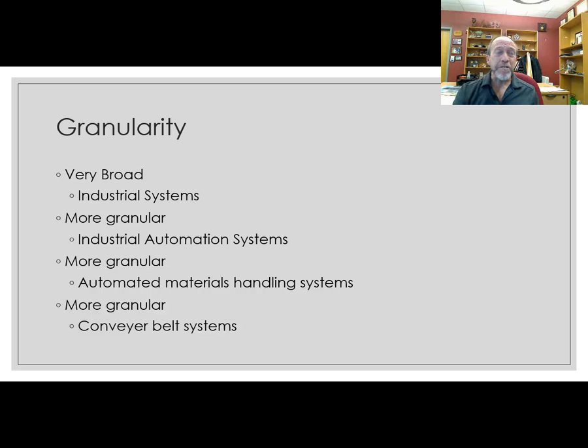There are a lot of industrial systems out there, and the ability to maintain them all might be a bit ambitious. So you can get more and more granular in the writing of those outcomes to say, okay, well, maybe we really just are talking about industrial automation systems, or maybe even more material handling systems, or maybe even more just conveyor belt systems. That's the decision of the educator.